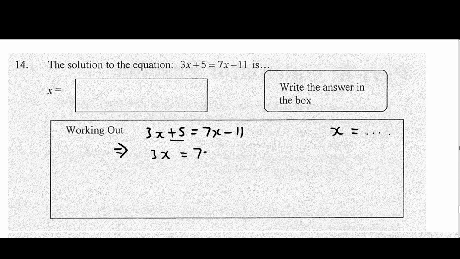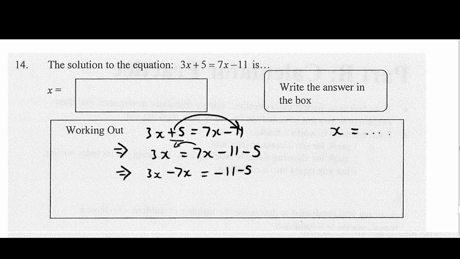So I'm going to have 3x equals 7x take 11, and when I take it to the other side, it becomes negative 5. All right. Now, I need my x's on this side. So I'm going to move this 7x to this side. So it becomes 3x take 7x. Because it's a positive on this side, it goes to the other side, it becomes negative. Is equal to negative 11 take 5.